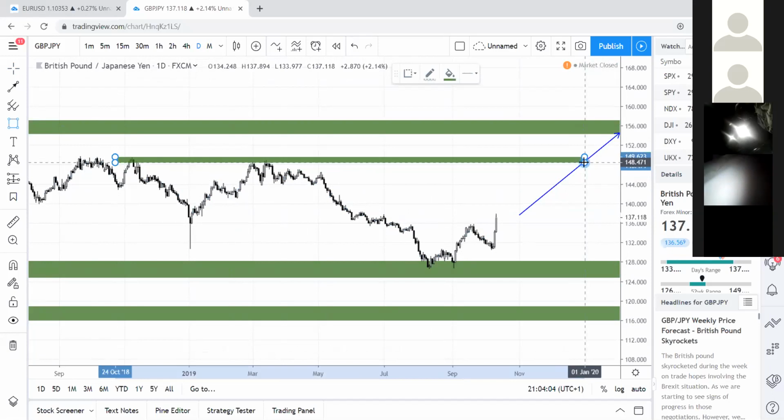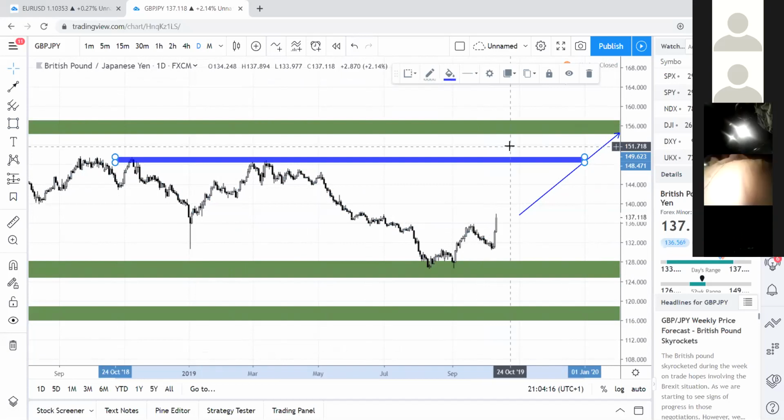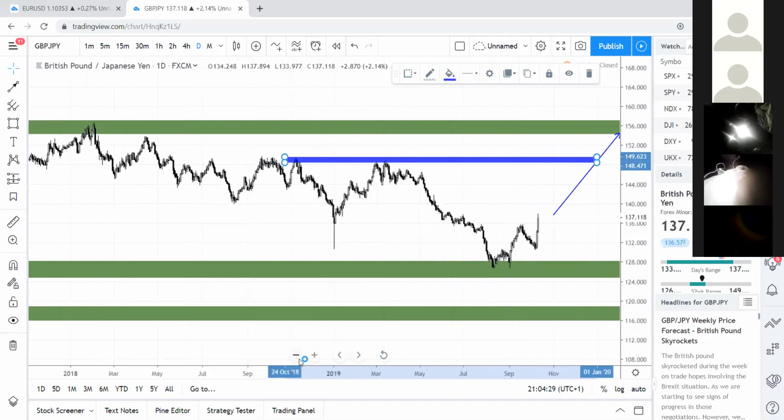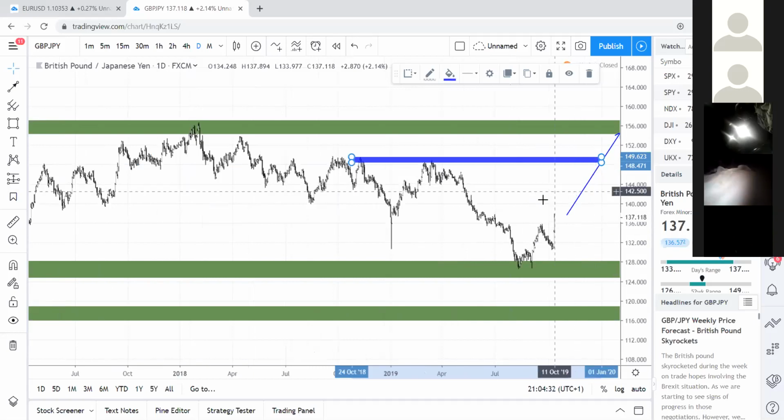This is a daily time frame resistance. All right. Can you see? So that means it's likely going to come here. That's it. So we are expecting GBP JPY to go for a long-term buy as well. Will it still sell in between? Yes, it can. But we're expecting a long-term buy.